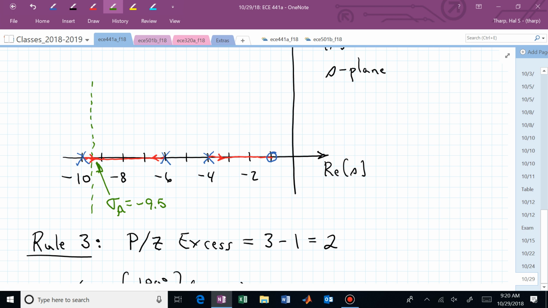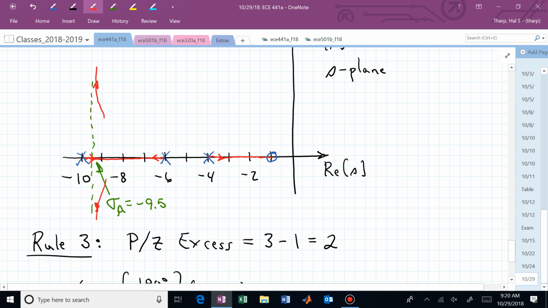That means that the branch coming from -6 and the branch coming from -10 are going to somehow meet between them and break away and eventually then approach. One's going to go here and one's going to go here. And what we need to do is figure out, where do they break away? Do they break away there? Where do they break away or exit the real line?